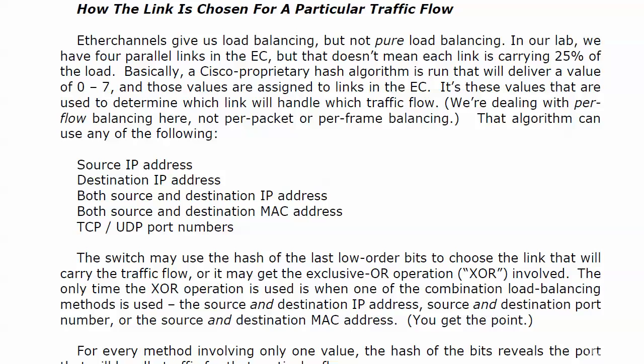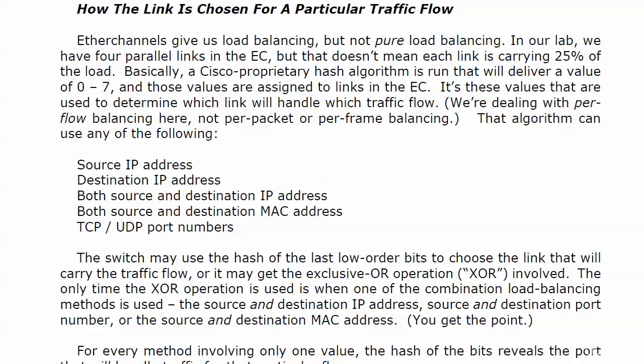Because what the switch can do to actually choose the link in the Ether channel that will carry this particular traffic flow, it may use the hash of the last low order bits in the address, the ones all the way to the right, to choose the link, or it can get an XOR involved, an exclusive OR operation.